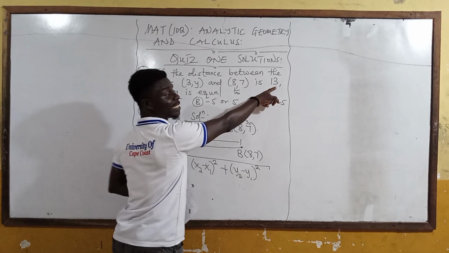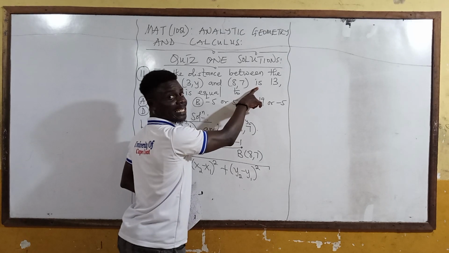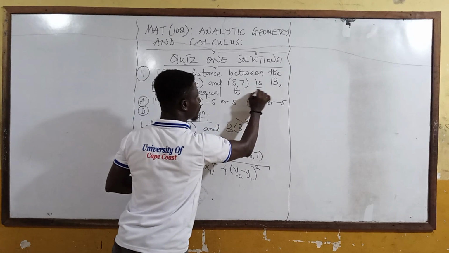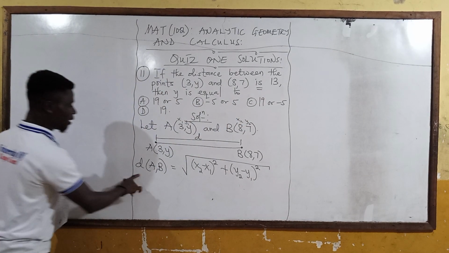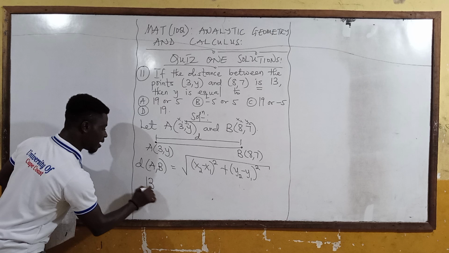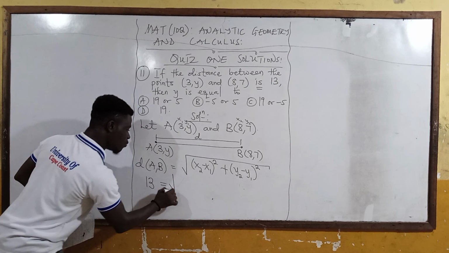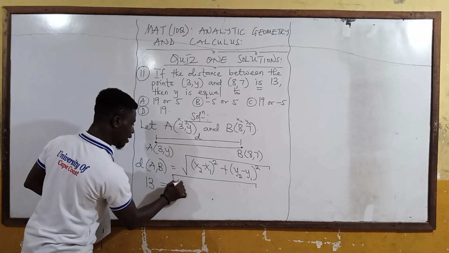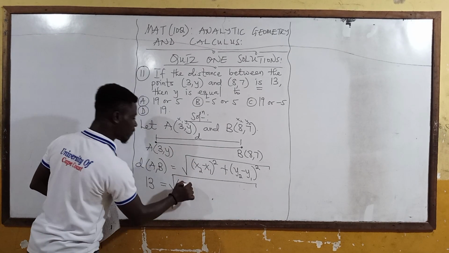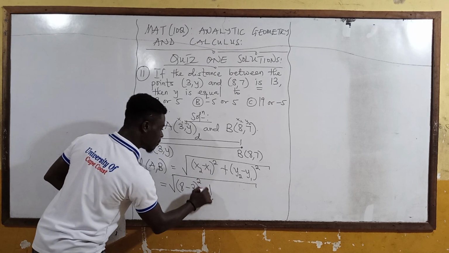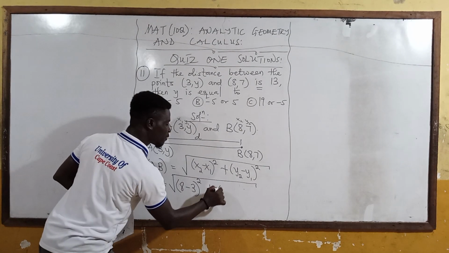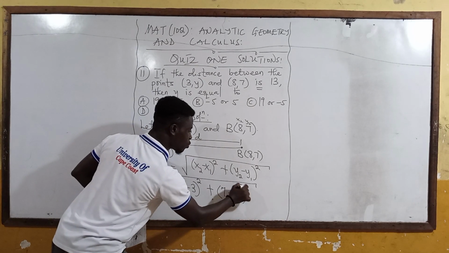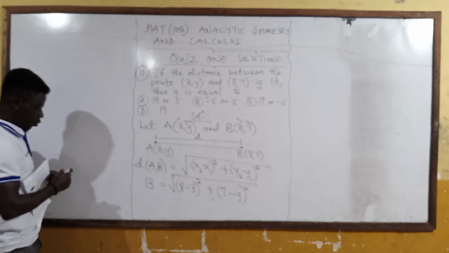Now the distance is given as 13. So I can say that the distance AB is given as 13 equals square root of (x2, we have 8, minus x1, we have 3) all squared plus (y2, we have 7, minus y1, which is y) all squared. Now what can we do?